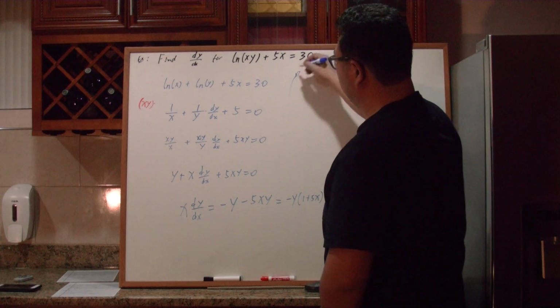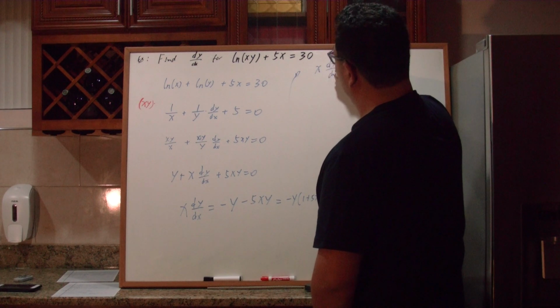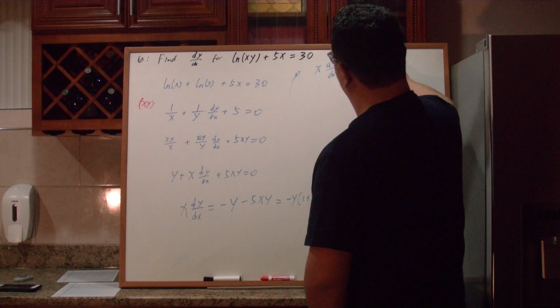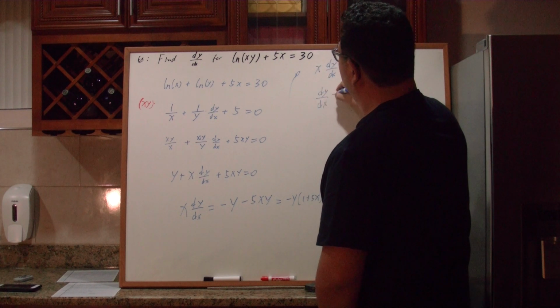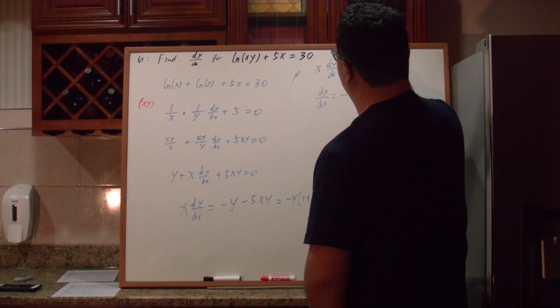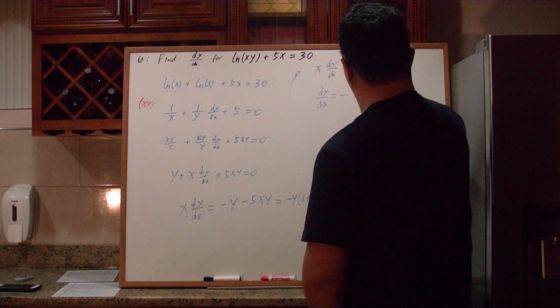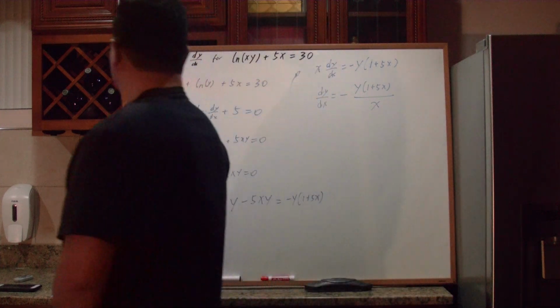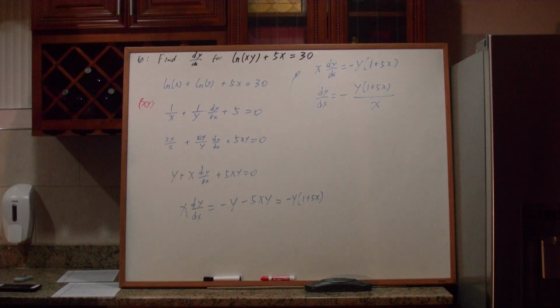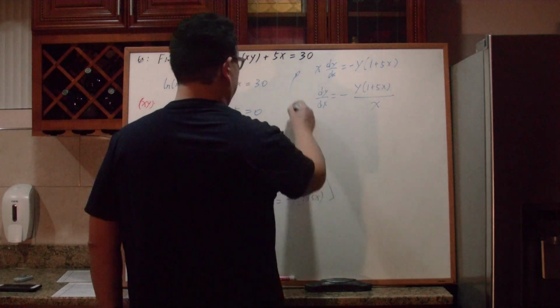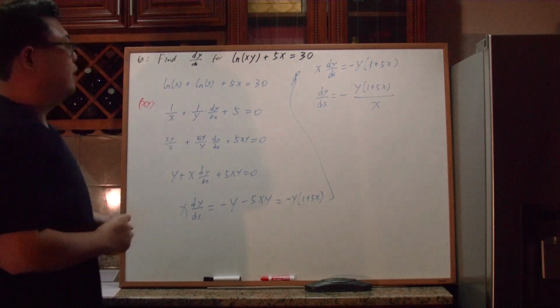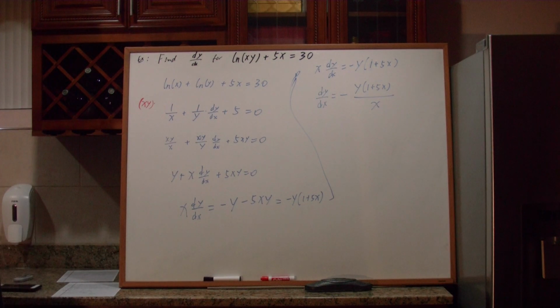So at the end, if we divide by x on the right side, we get dy over dx equals negative y times 1 plus 5x over x. That will be the expression left at the end.